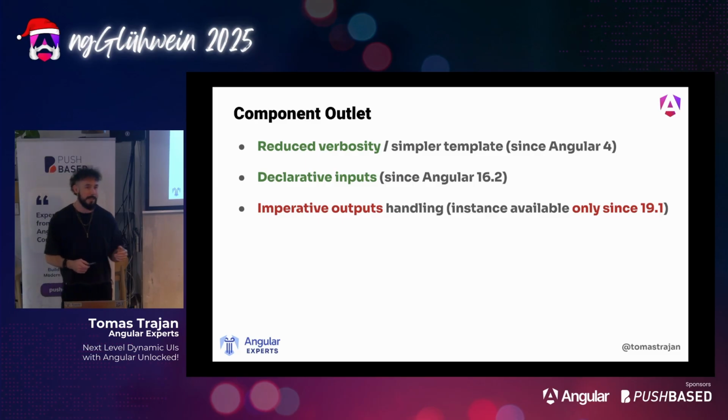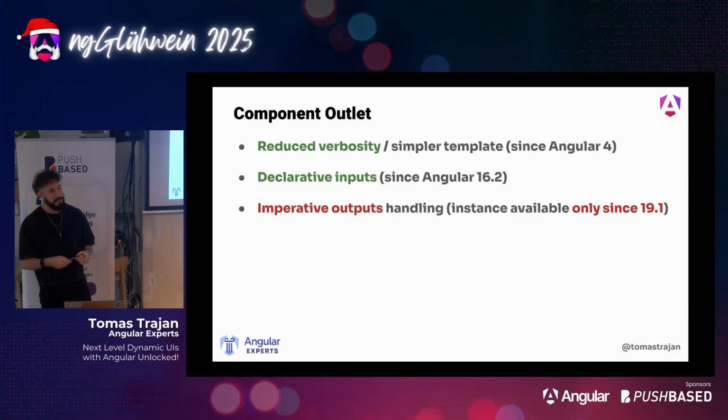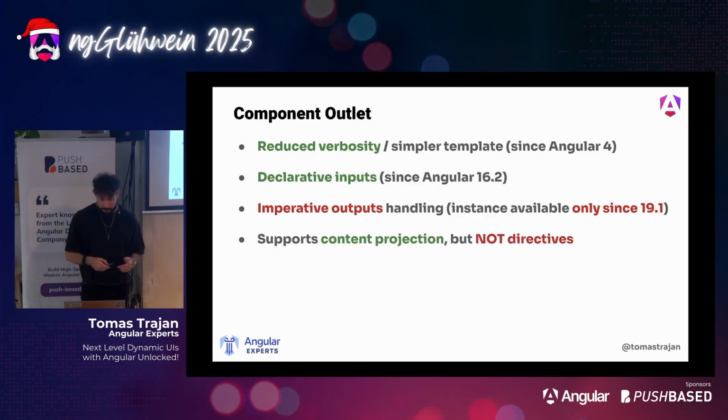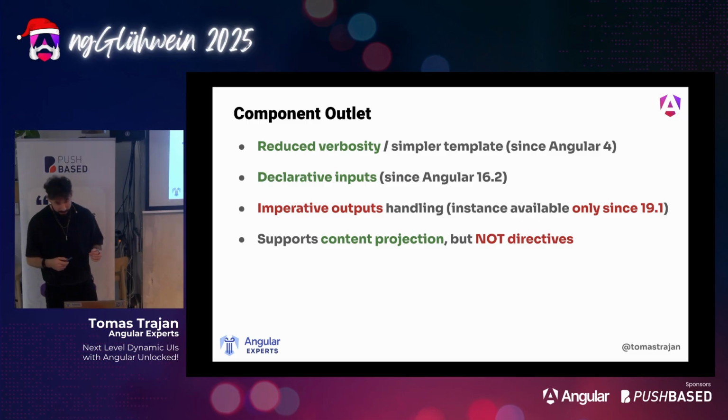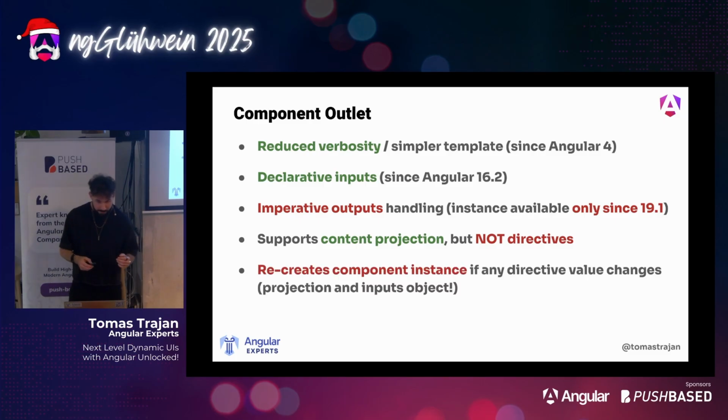This is also kind of interesting, that we will see 3 different approaches to solve the same concern and how they evolved at their own pace, and how they try to achieve feature parity, but it's still not there. But I think in the end we will see that there is a clear winner. Okay, and of course it supports content projection, but not really directives. There is no way to use directives on the ngComponentOutlet as of now, as far as I am aware.